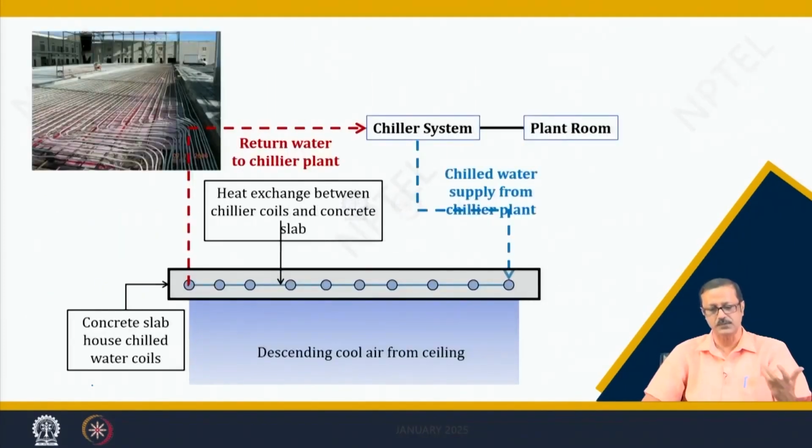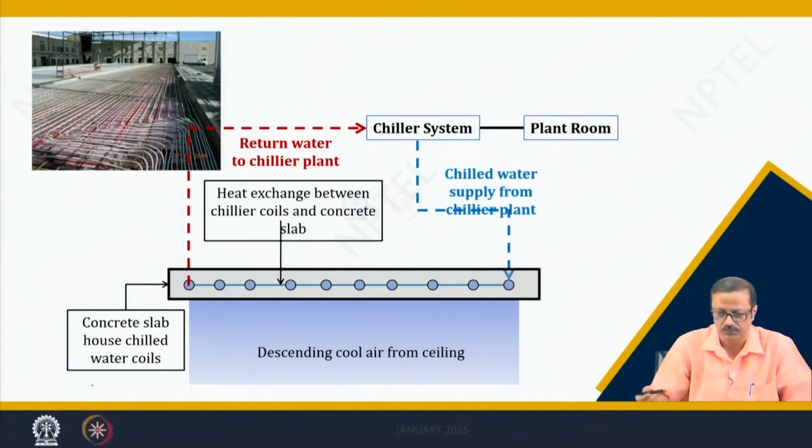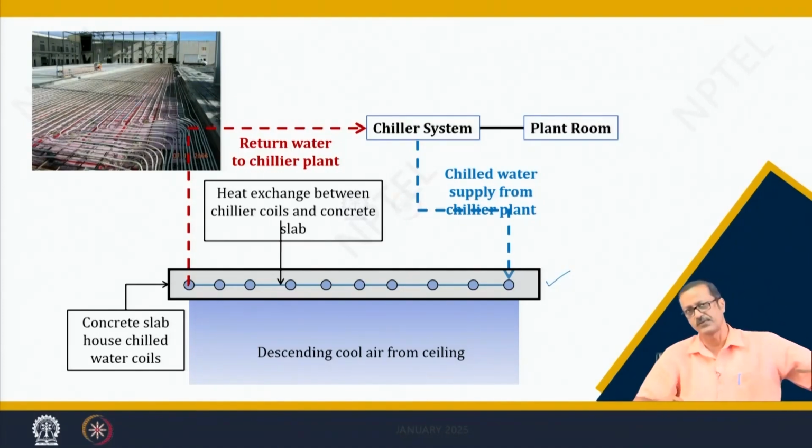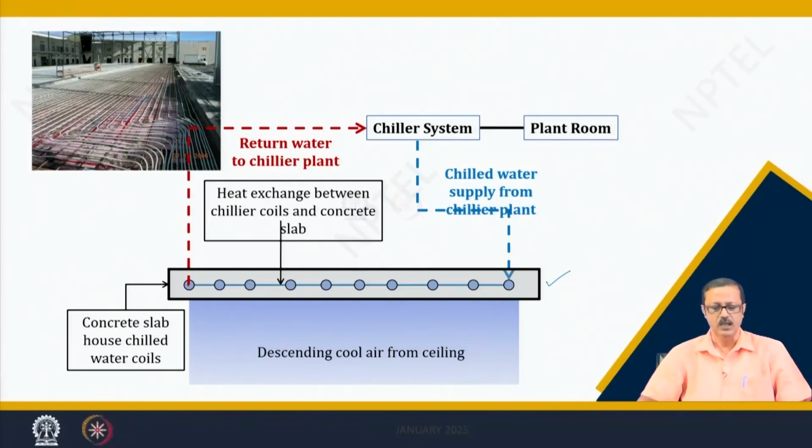In this slide I have shown a chilled slab system which has pipelines passing through the whole surface area of the slab, and these pipelines are filled with a flow of chilled water. The temperature may be around 8 degrees centigrade, 10 degrees centigrade or so.